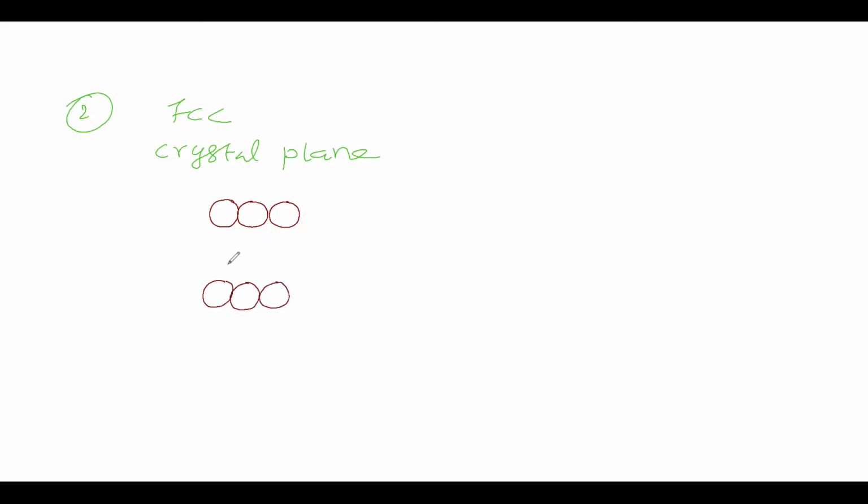So such and such crystal plane is given for FCC. What is the name of this crystal plane? It is a question. What is the name, shall we say? In order to say the name for this one, let us go to the video.